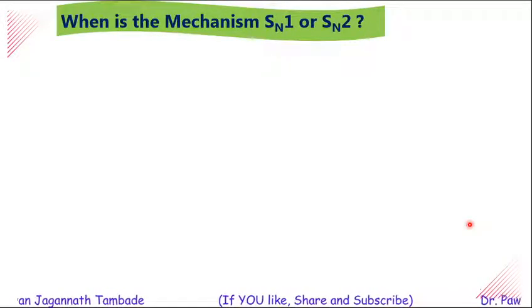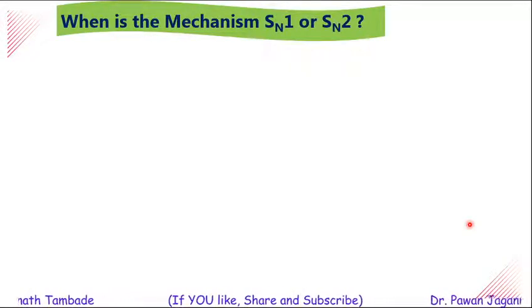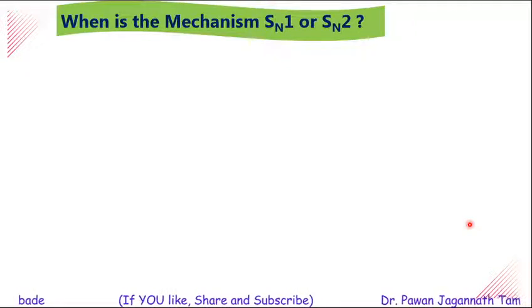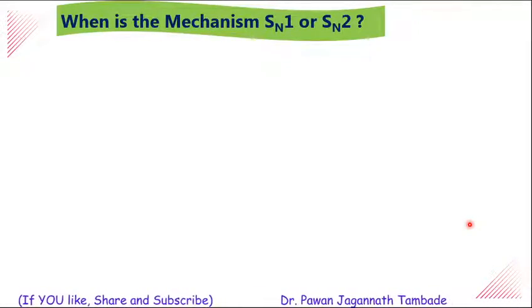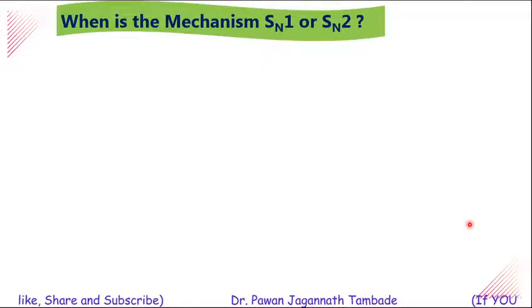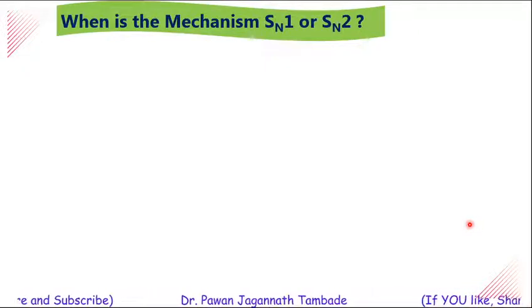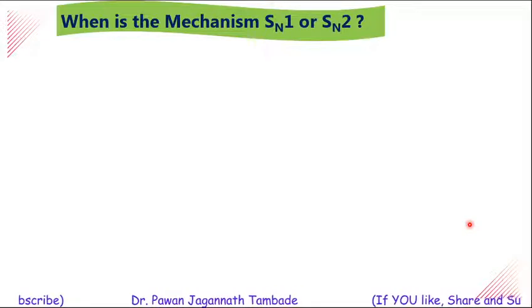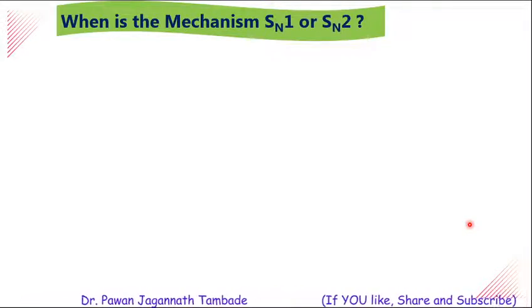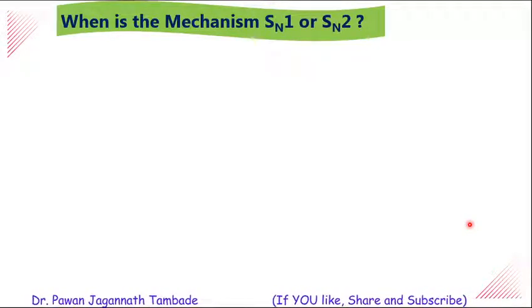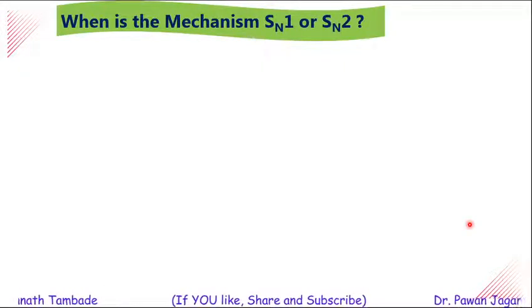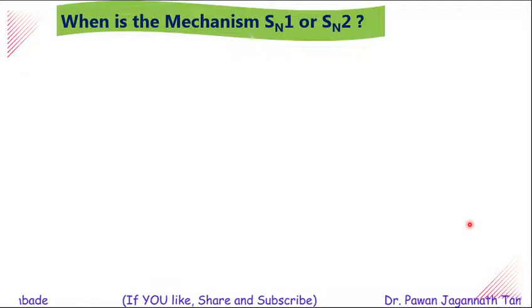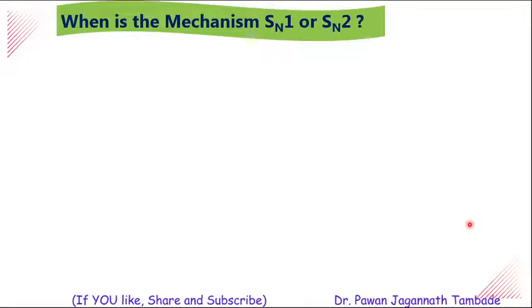Now, the one obvious question which comes to one's mind is, when is the mechanism SN1 or SN2? How to identify whether the reaction will proceed through SN1 path or SN2 path? In order to avoid this confusion, we will go through certain points, and if you remember those points, you can firmly say that this reaction will go through this path and this reaction will go through that path.